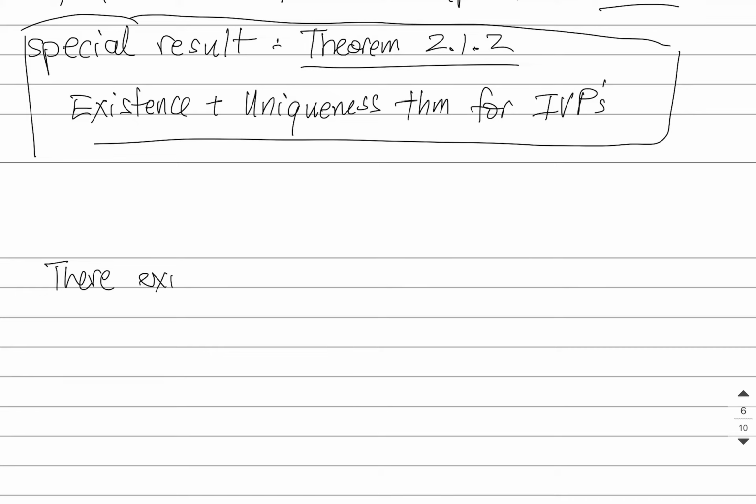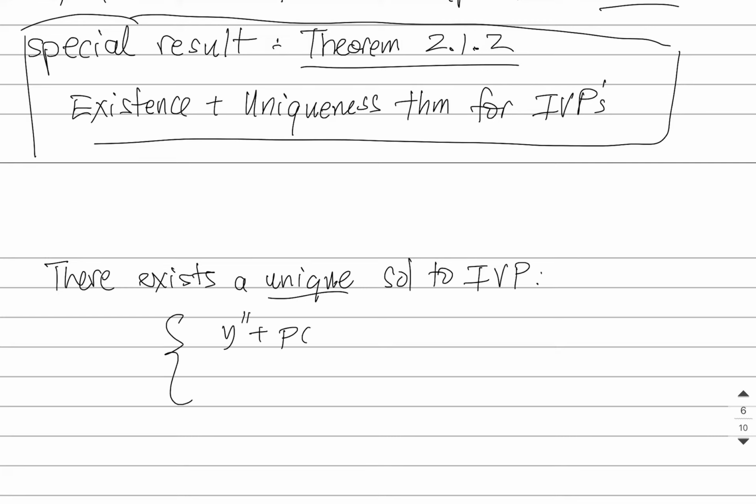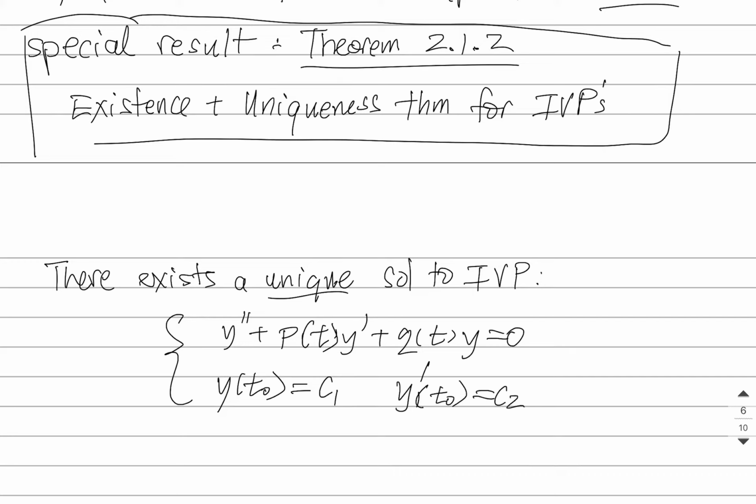There exists a unique, so unique means one, solution to this initial value problem. Our second order differential equation, which I'm going to write out explicitly here just so you remember, y(t0) is c1, y'(t0) is c2.